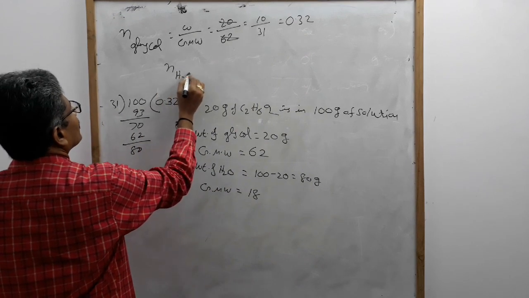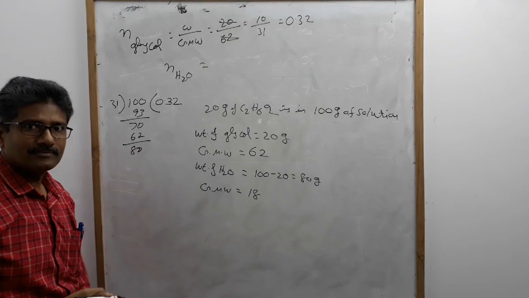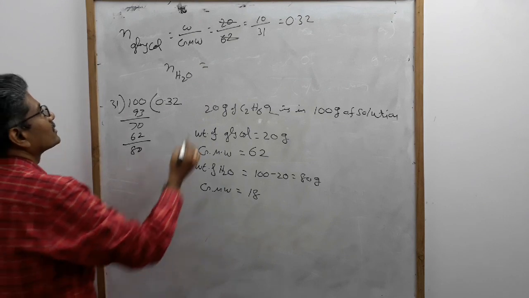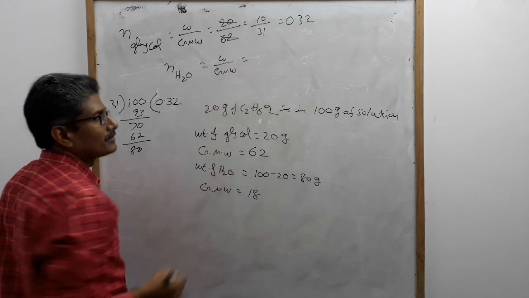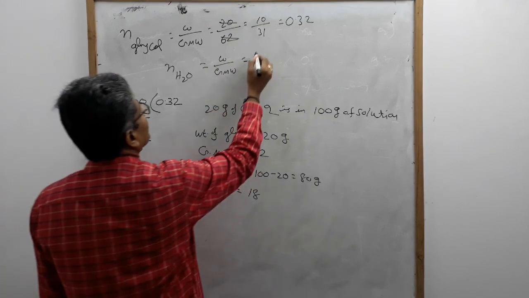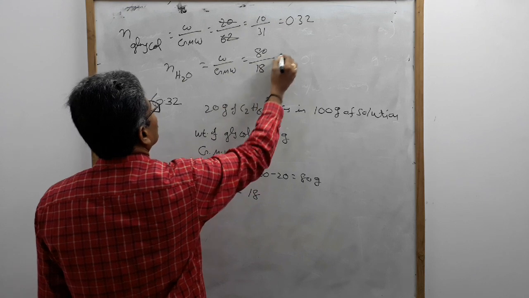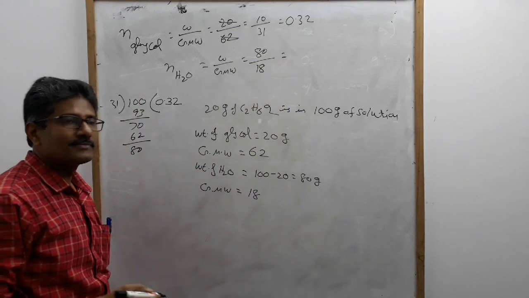Number of moles of water is equal to weight of water by gram molecular weight. Weight of water is 80, gram molecular weight is 18.